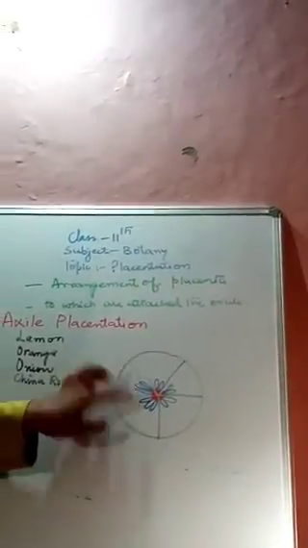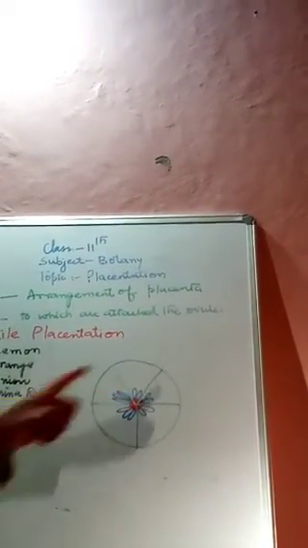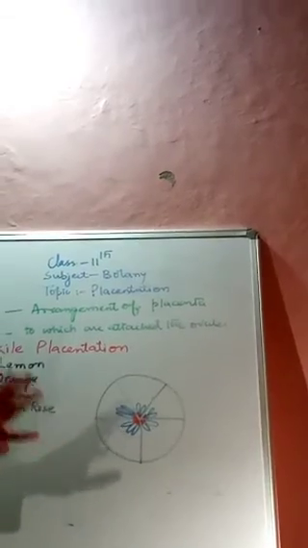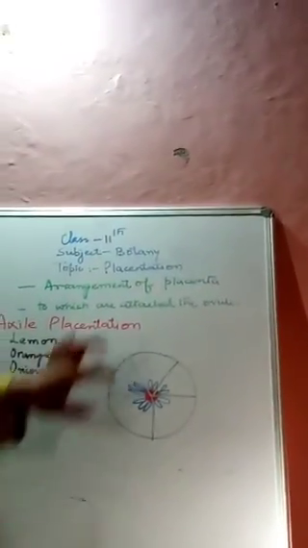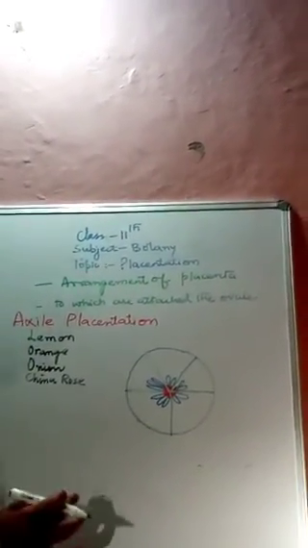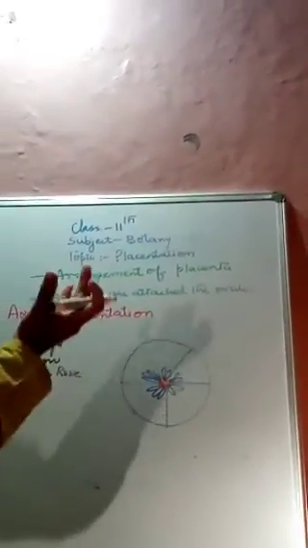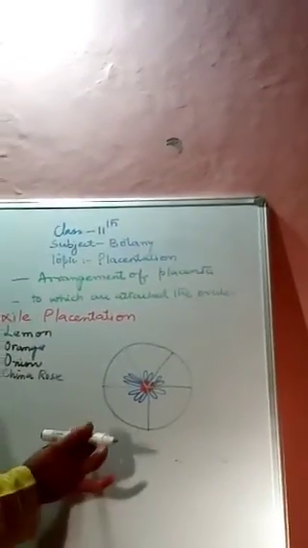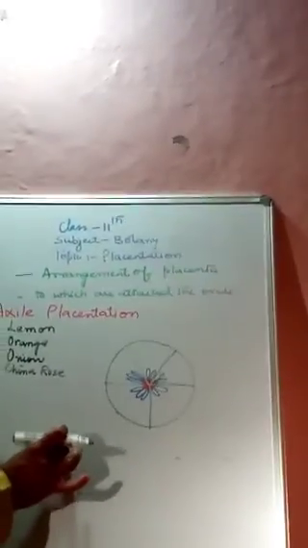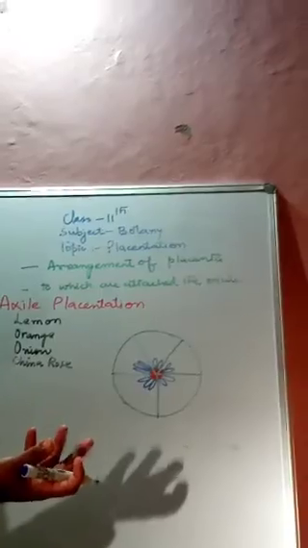Actually it is not centrally located. The placenta is towards the periphery, then the outgrowth is formed, and from that outgrowth it is pushed towards the center, and from that the ovules are formed, and these ovules develop into the seeds.